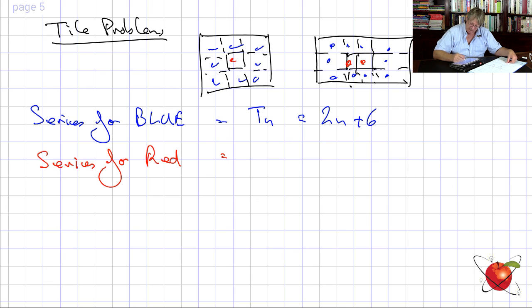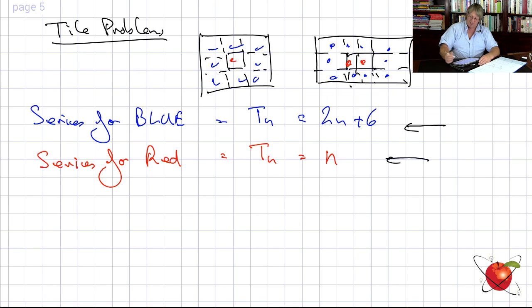The series for red, Tn, comes out as n. So you can work out how many red tiles, how many blue tiles, or total tiles, which is equal to red plus blue.